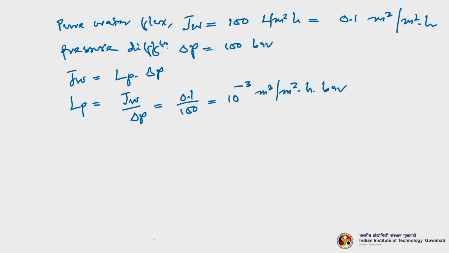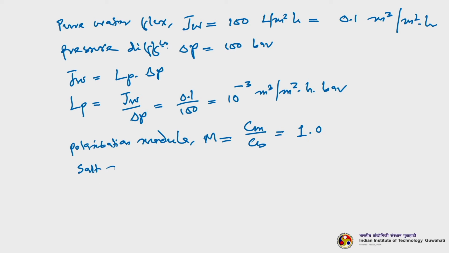Now, we have to calculate the water flux for a 5% NaCl solution as well as the salt flux. It is given that the polarization modulus M, which is Cm by Cb, is 1 in this particular case, and it is also given that the salt rejection coefficient R equals 1.